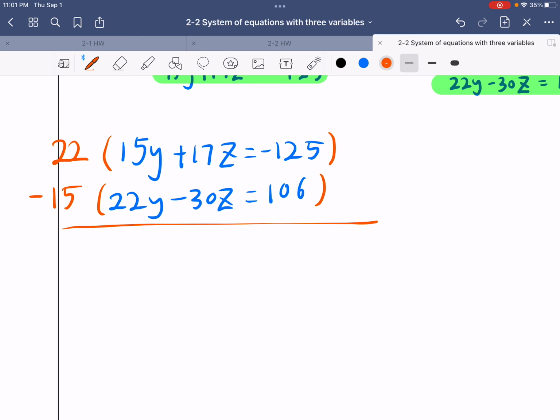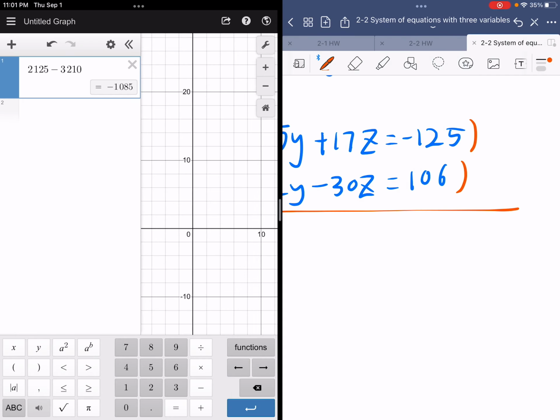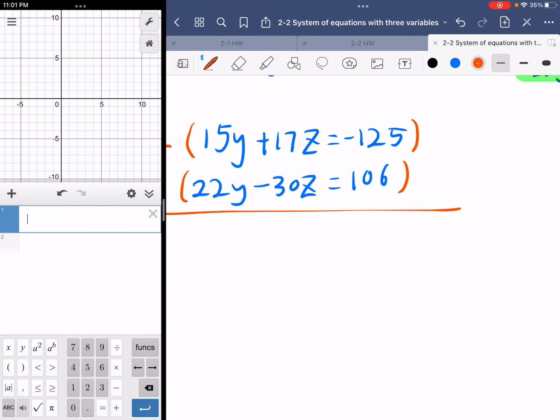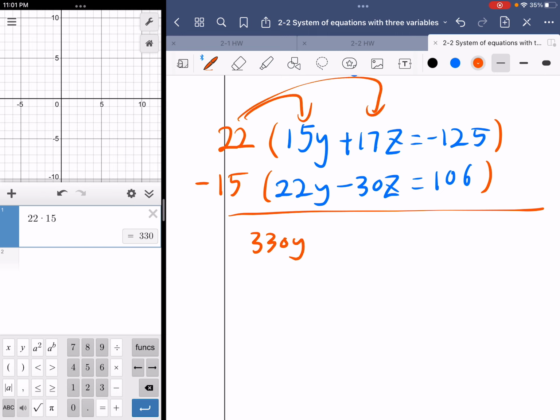And 22 times 15, I cannot do it off the top of my head, so I'm gonna use a calculator. So 22 times 15 is 330y, and 22 times 17 is positive, so 374z equals, and 22 times negative 125 is negative 2750.